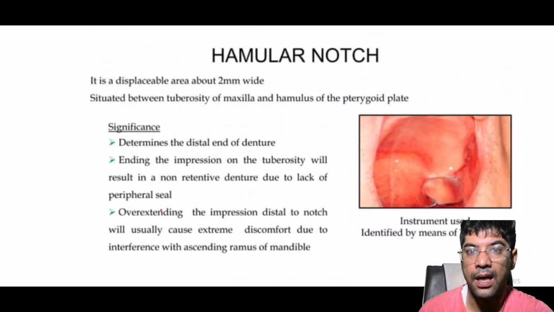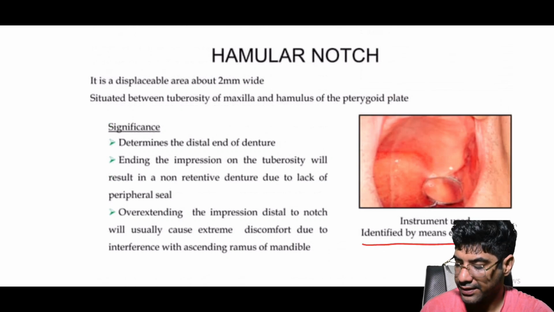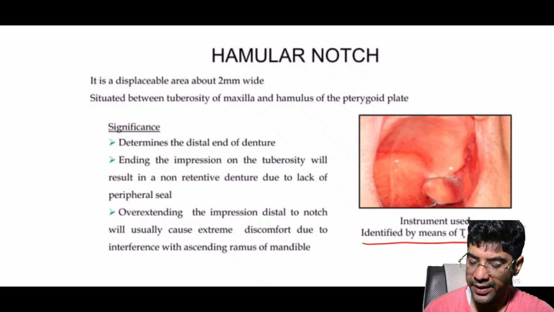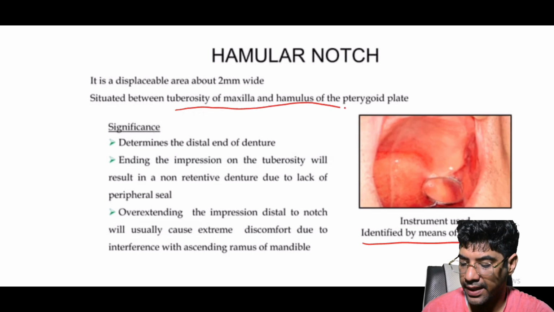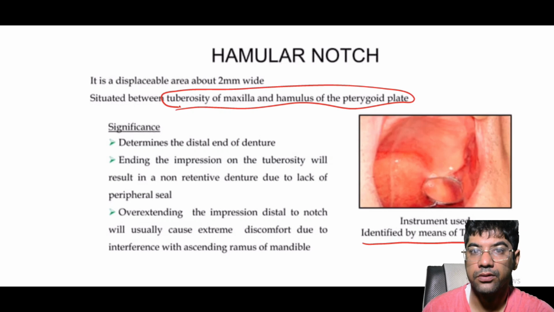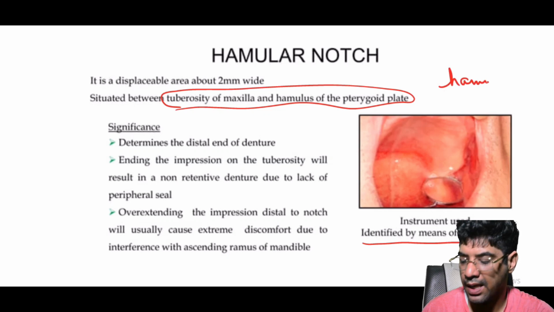The next comes the hamular notch. Hamular notch is a depression situated between the maxillary tuberosity and hamulus of the medial pterygoid plate. So it is a displaceable area. It contains loose areolar tissue and it can be safely displaced to achieve the posterior palatal seal. Remember, the denture border should extend to the hamular notch.